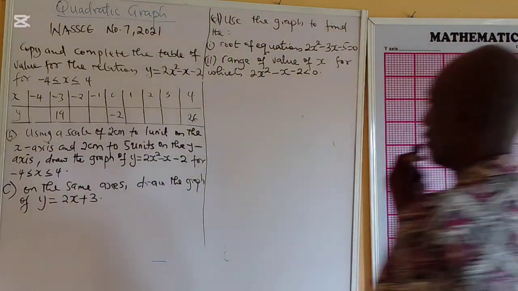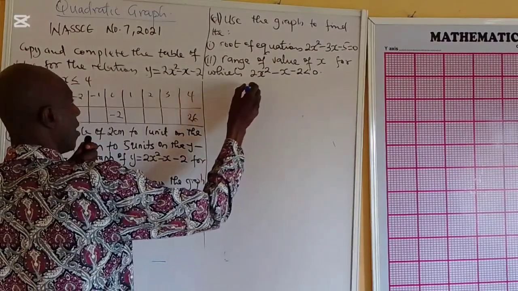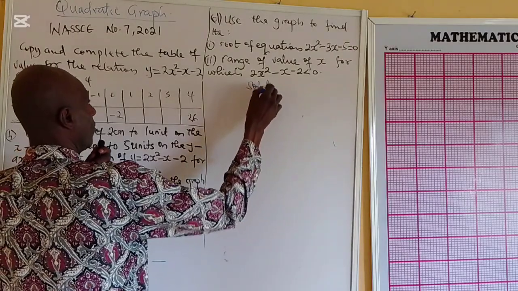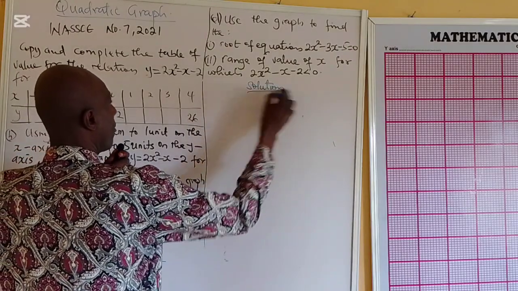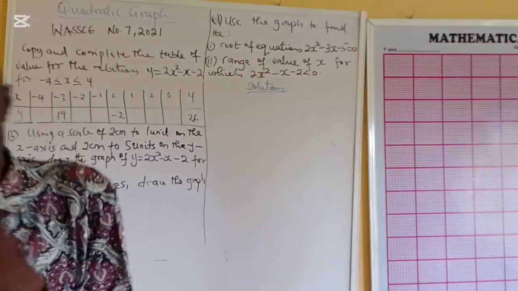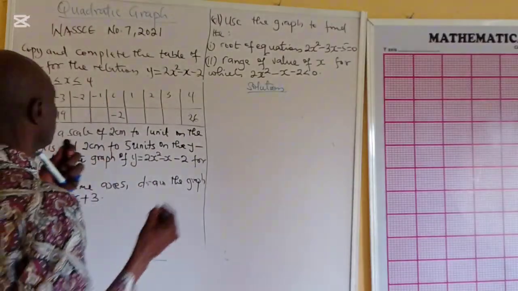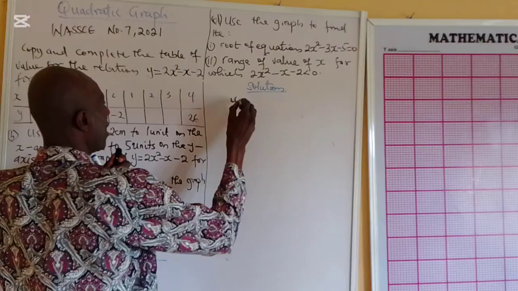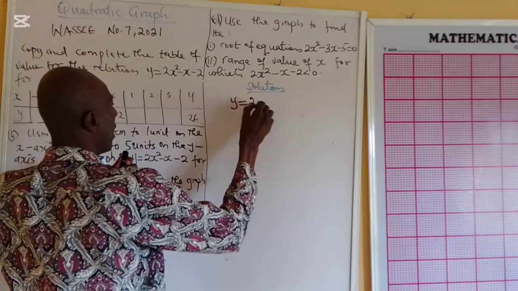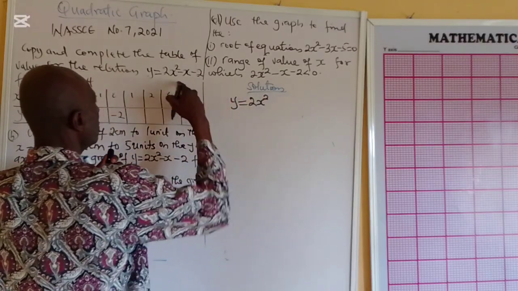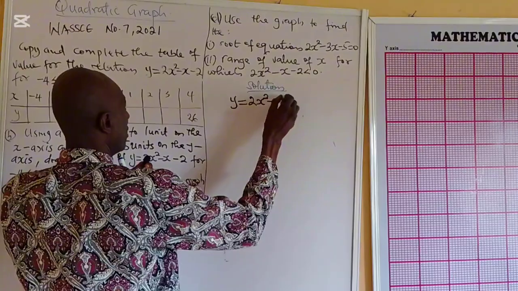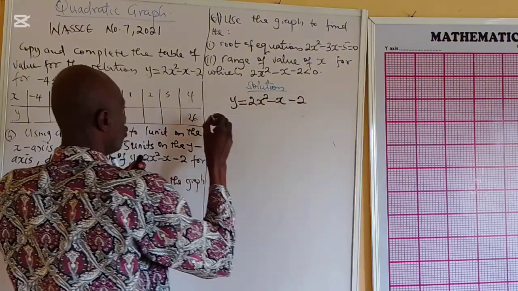Now, the first thing is to copy and complete the table. When you want to copy and complete the table, write the equation first: y is equal to 2x squared minus x minus 2.